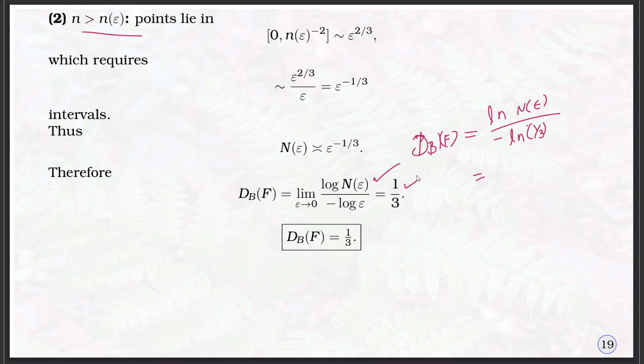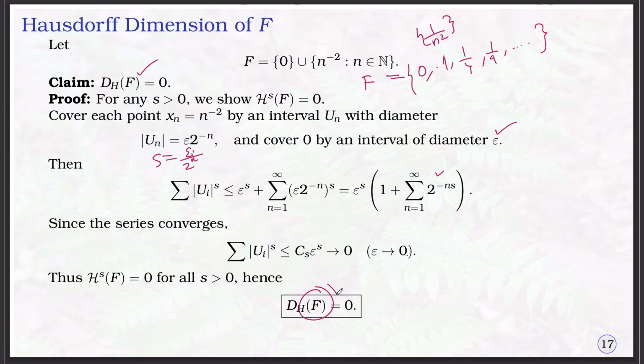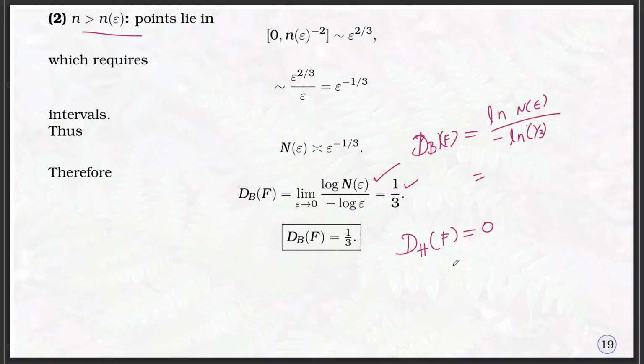So the box counting dimension of this set F is 1 by 3, whereas the Hausdorff dimension of the set F that we obtained is 0.